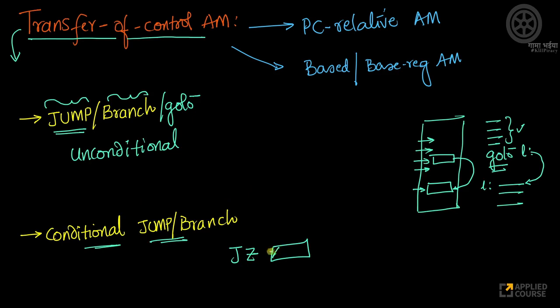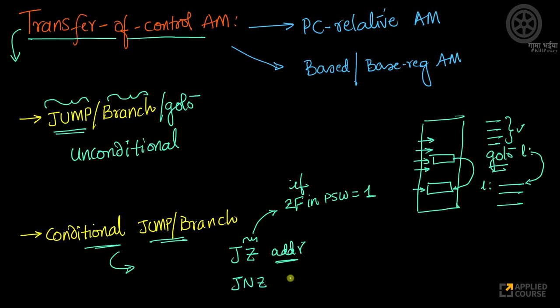Here you are saying that if the 0 flag in the PSW equals 1, or if the accumulator value equals 0, only then jump to this address. So these are called conditional jumps, or jump if not 0, and things like that.